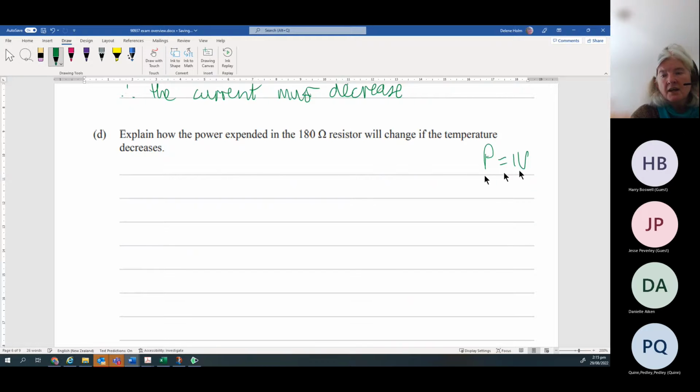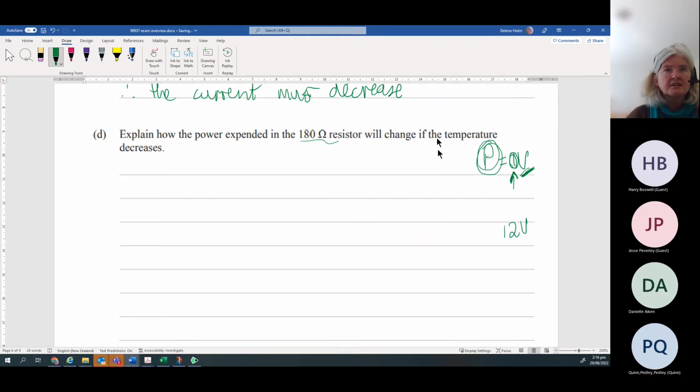Make sure you refer to this, because if the total current decreases, then the total current going through the 180 ohm resistor will decrease as well, because it's the same current that goes through all the same thing. We know that voltage stays the same because it's 12 volts regardless. Okay, so because power is directly proportional to current, if I decreases, then power will also decrease.